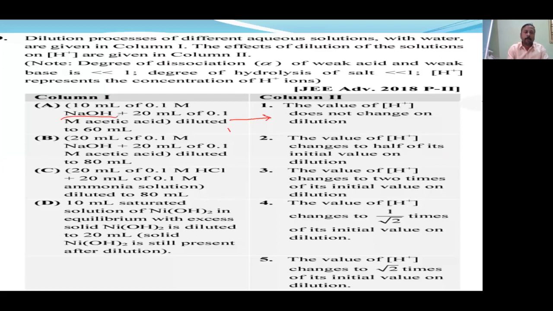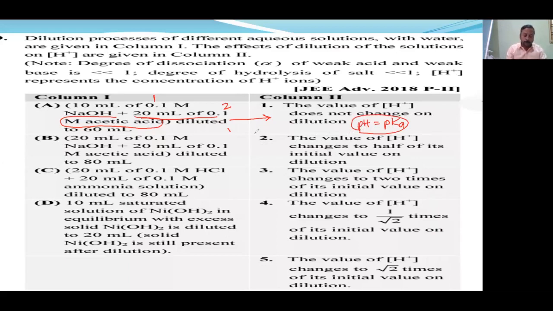It is a salt of a weak acid, and this weak acid will be there because 20 into 0.1, this will be 2 and this will be 1. So some salt will be there, some acid will be there. Therefore, it will form a buffer and pH is equal to pKa. Here the pH value will be exactly equal to pKa. So there is no change in the concentration of H plus.